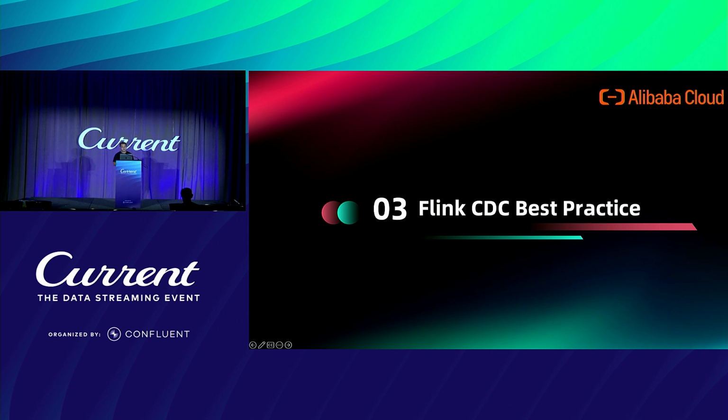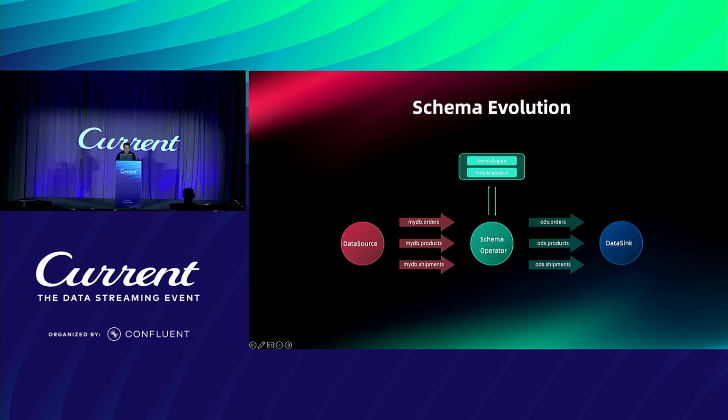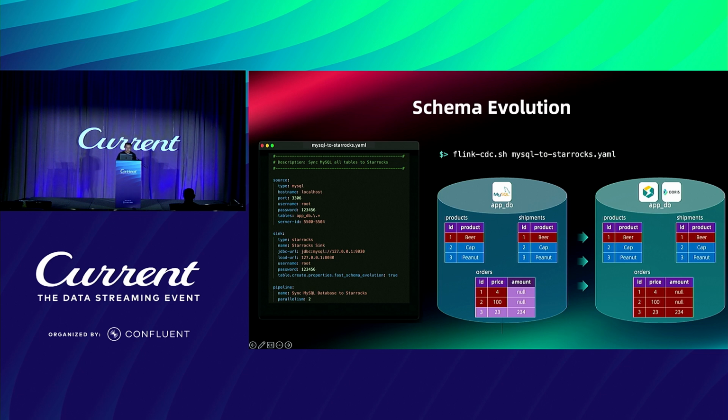Okay, in the best practice part, I will show you some use cases and how Flink CDC YAML resolves them. The first use case is when a user wants to sync all tables from one database to a warehouse, and hopes that once the table schema changes in MySQL, the table schema in the downstream warehouse like Doris will change automatically. In this case, you just write a simple YAML, like the left part of this slide.